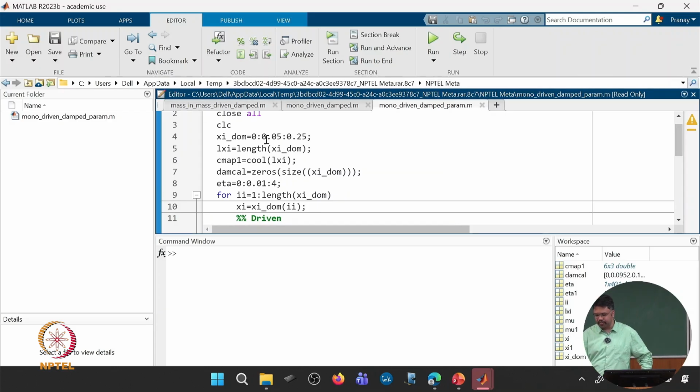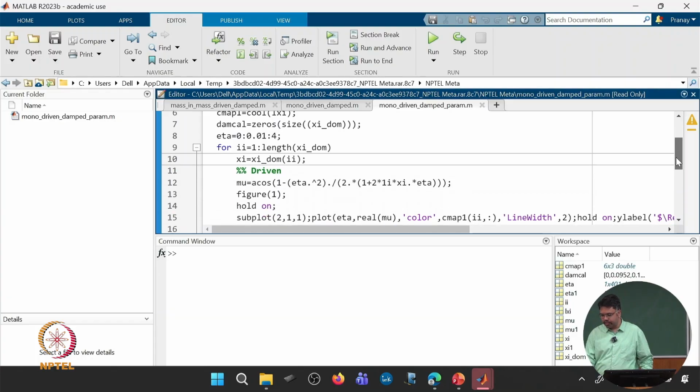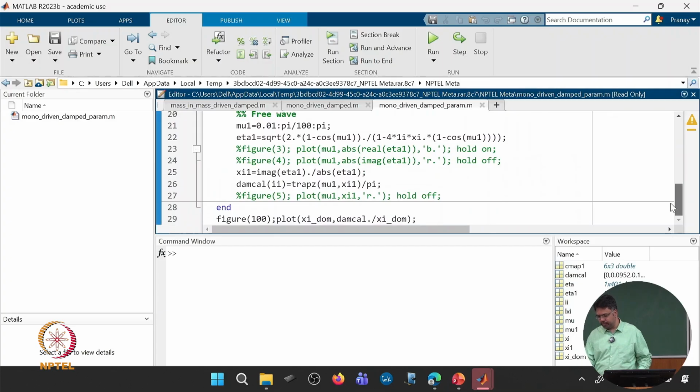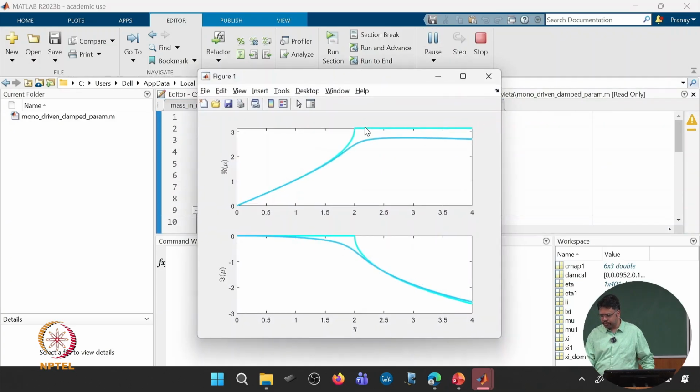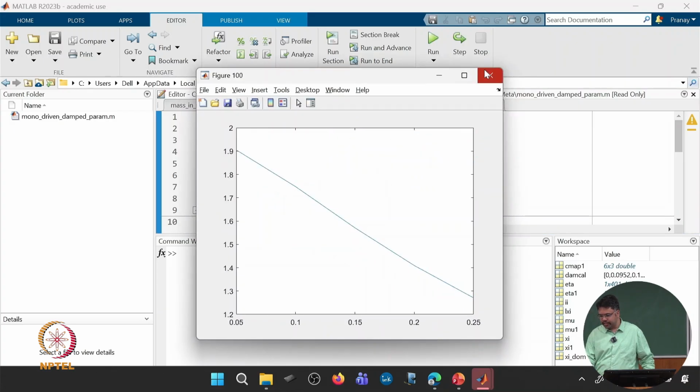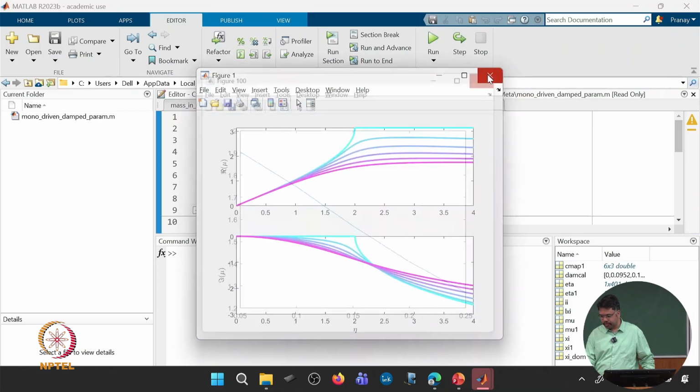We are taking different values of damping: 0, then 5%, up to 25%, so a few graphs will come. We take omega from 0 to 4 with 0.01 steps, and we just wrote the code. Simple. If we run that code, you can see how the changes happen.